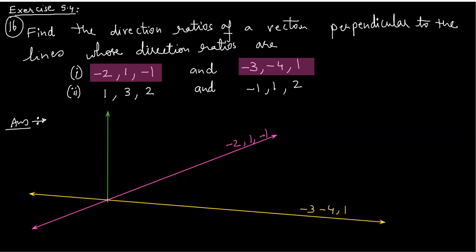You can check here, the vector is perpendicular to this line, and it is also perpendicular to this line. It is perpendicular to both the lines, this vector.